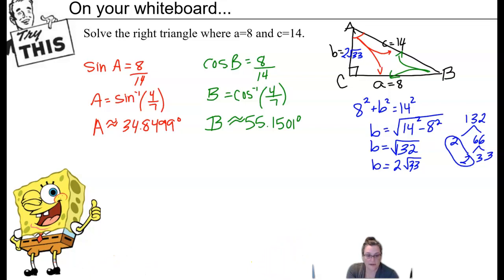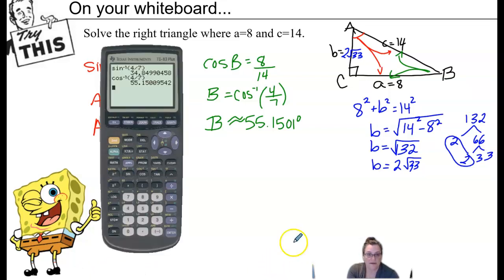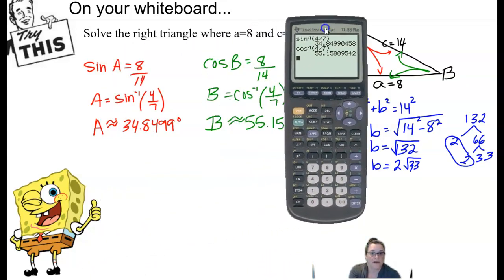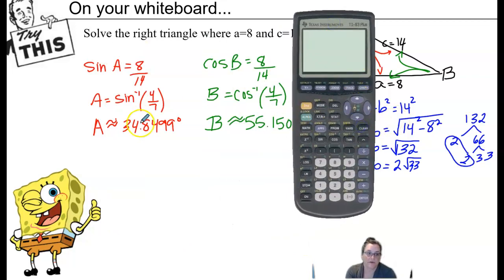Now, another thing that we could have done was sort of a shortcut. If you're in a right triangle, you know that your first angle has to be 90 degrees, and there are 180 degrees in the whole triangle, right? So 180 minus 90 degrees for your right angle leaves 90 degrees left.